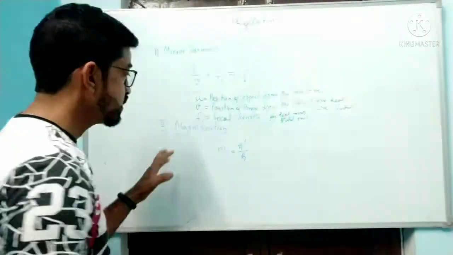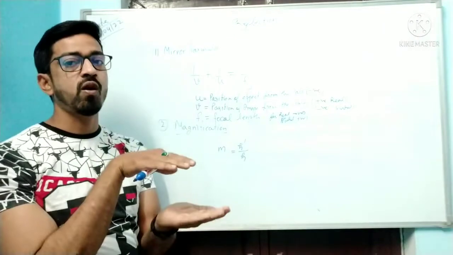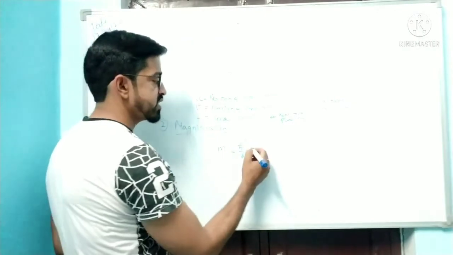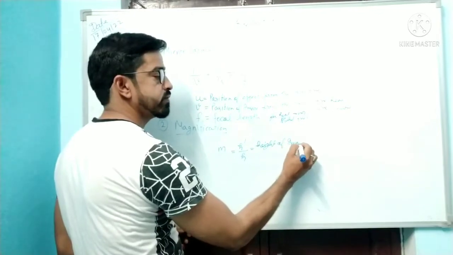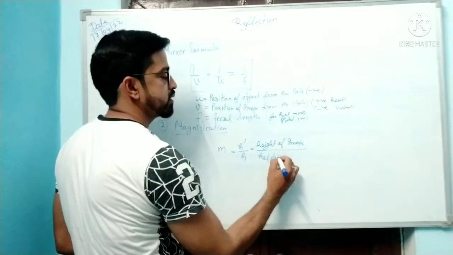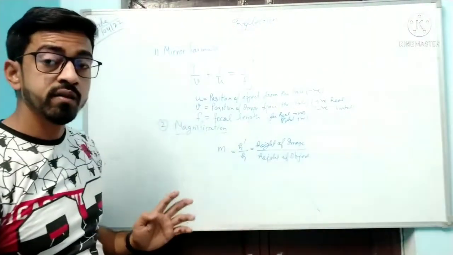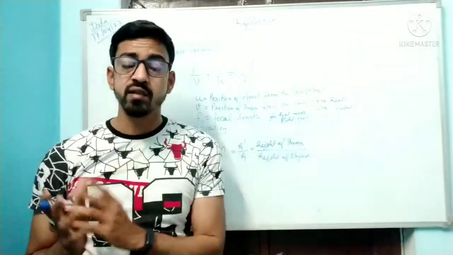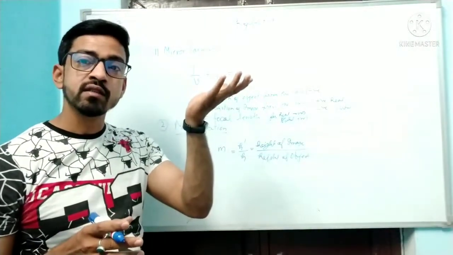Magnification. What is magnification? Magnification is how much the size is made small or magnified. It depends upon this factor. So H dash is generally the height of the image, upon the height of the object. Here the sign matters. If the height of the image is given as a positive value, it is erect.